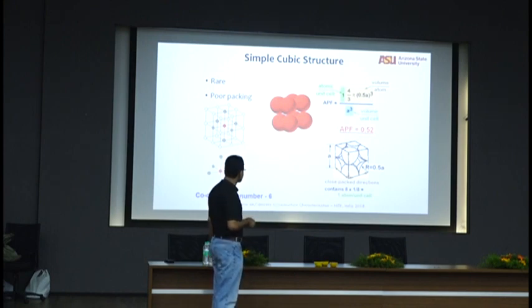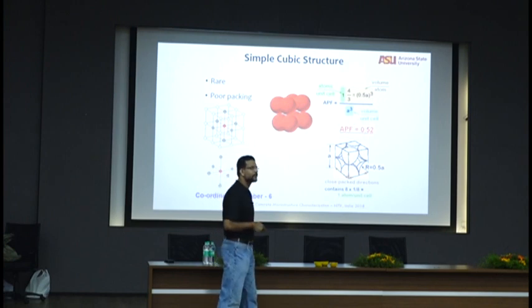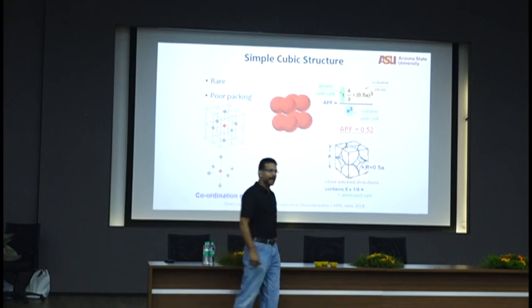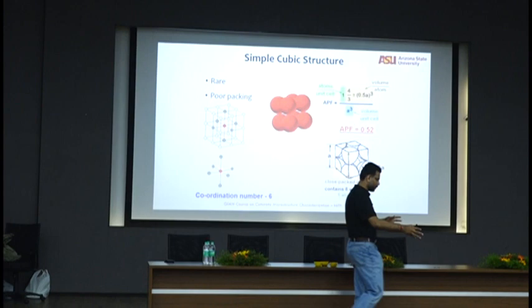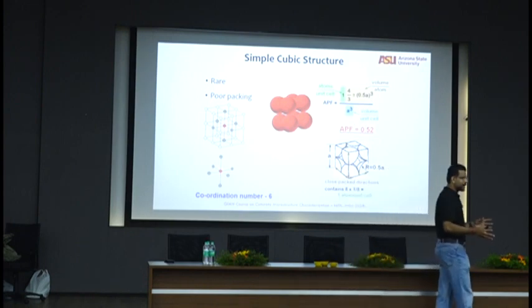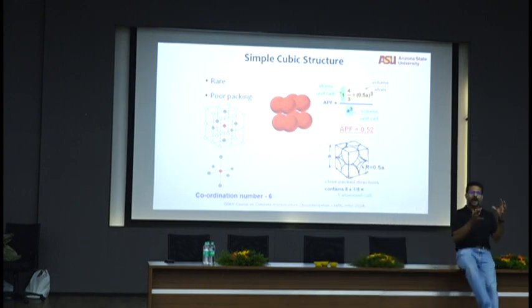If the side of it is A, I can find out what my atomic packing factor is. So this distance is 0.5 A. I can find out my packing factor as 0.52. What does that mean? If I take a cube and take particles that are half the size of the length of the cube and put particles on all corners of the cube, and I fill this room with cubes, how much of the space am I filling? 52%.